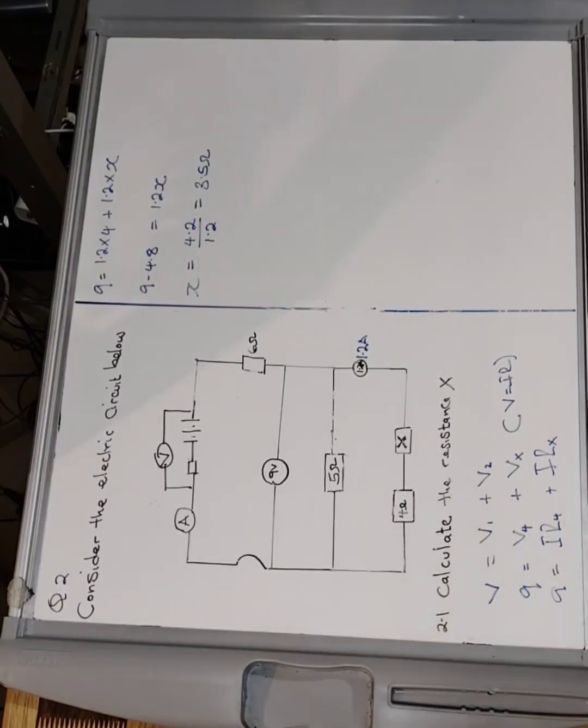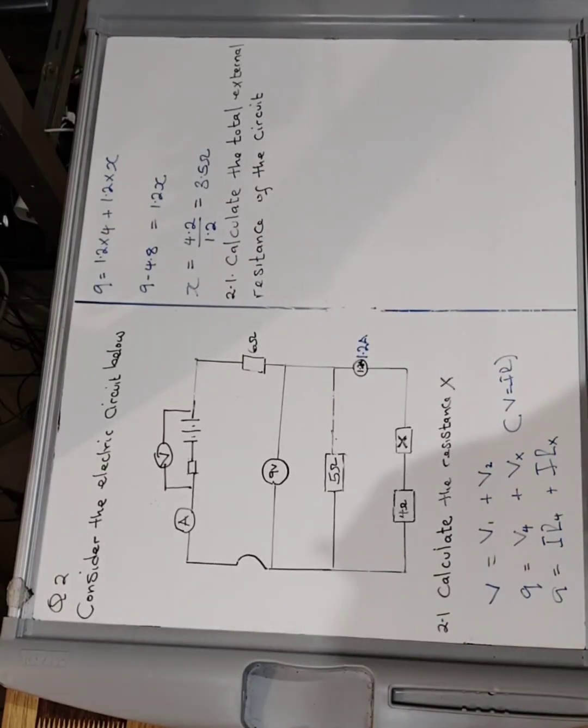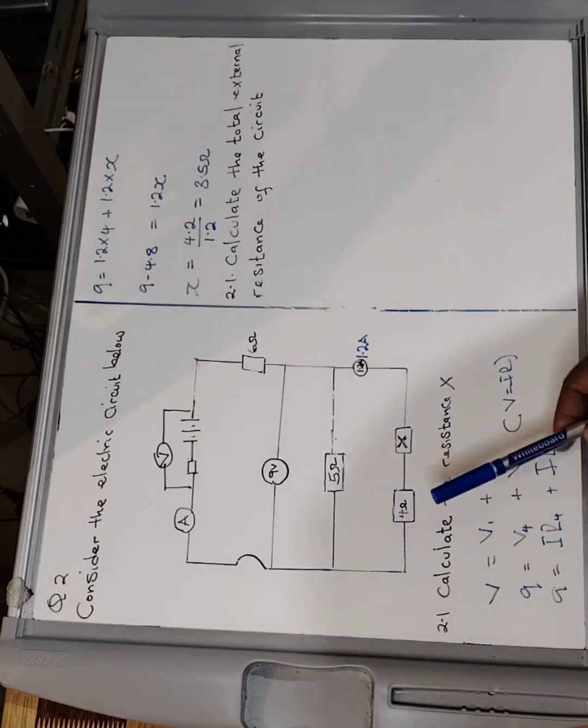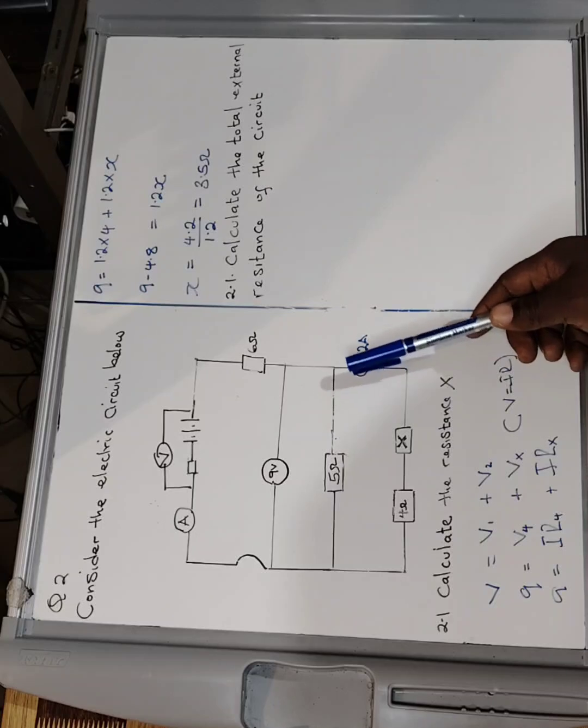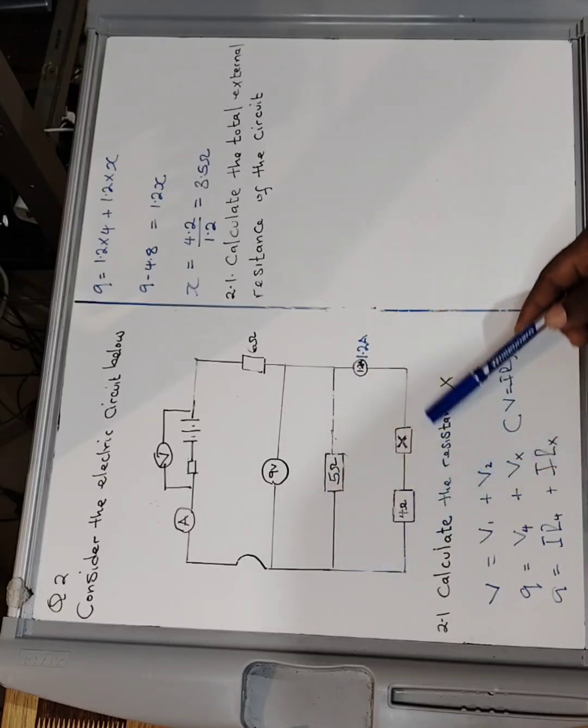Next is another question. Then comes this question. It says, calculate the total external resistance of the circuit. Now when you look at our circuit, we have this one, it's one cluster.